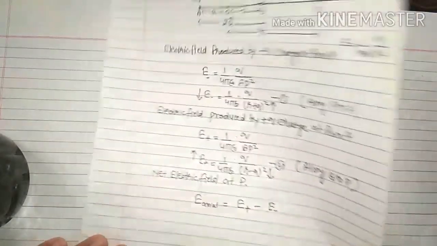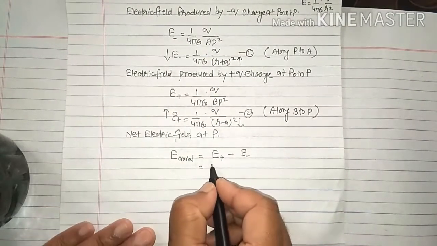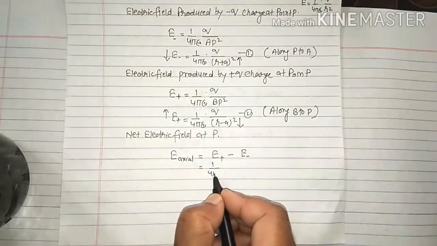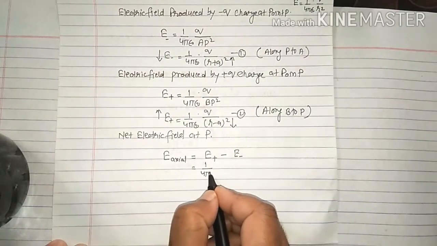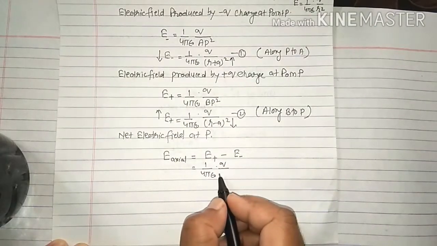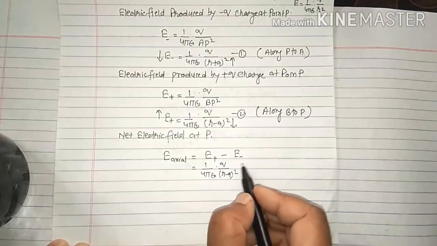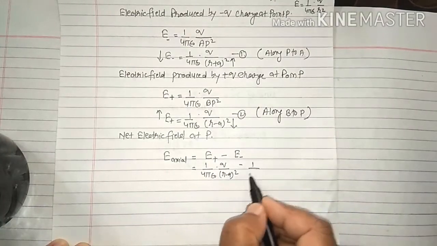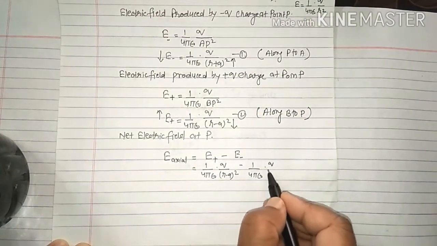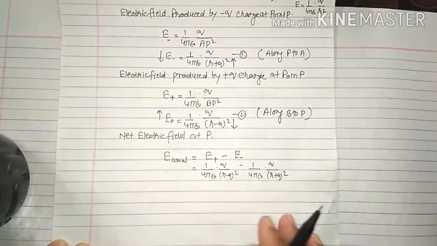Now put all these values. E axial is equal to 1 upon 4 pi epsilon naught q upon (R minus A) whole square, minus 1 upon 4 pi epsilon naught q upon (R plus A) whole square.